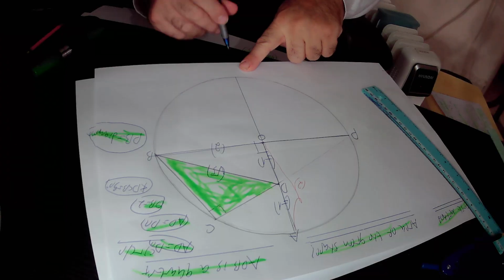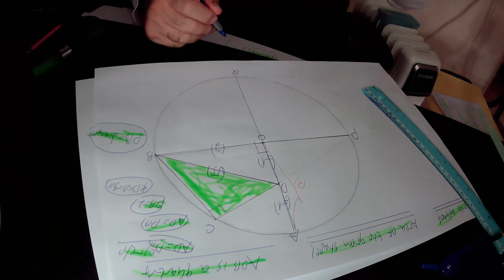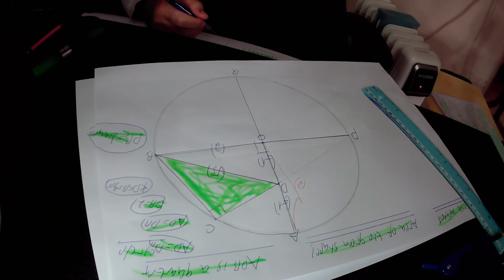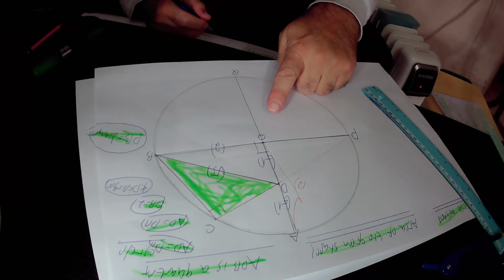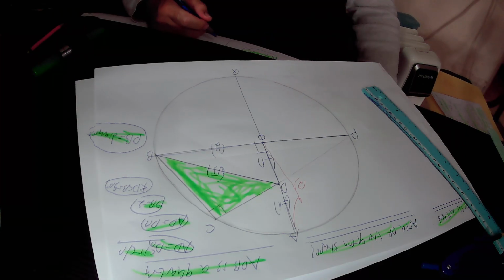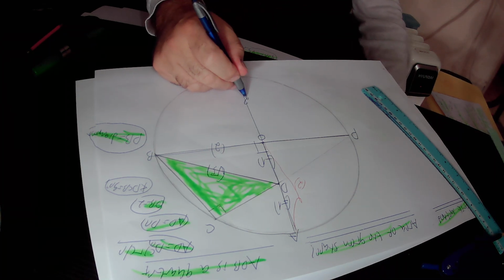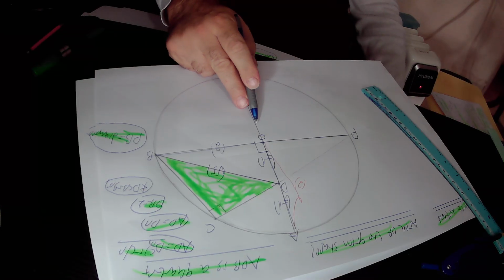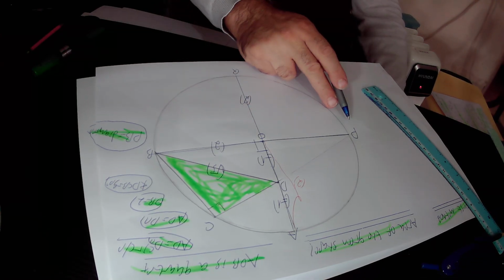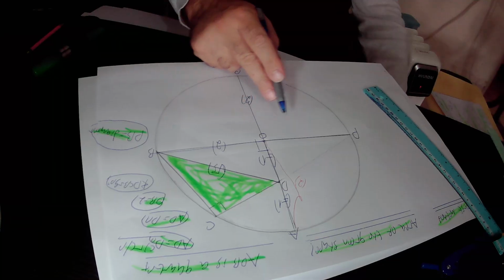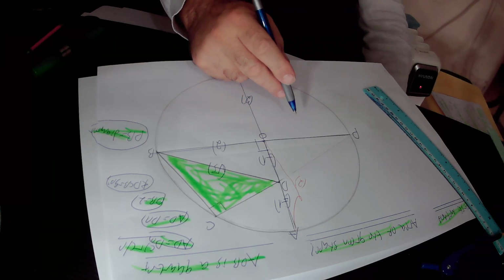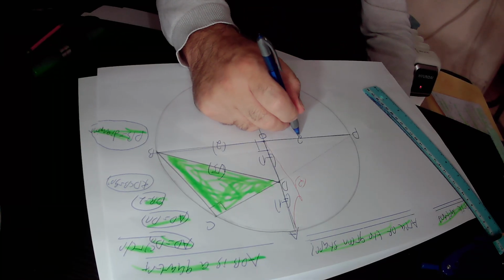This point is point Q. Point O is the center of this circle, point Q is a point on the circle itself, therefore OQ is the radius of this circle, which equals 2. Likewise, point O is the center of this circle, point P is a point on the circle itself, therefore OP is also the radius of this circle. That equals 2 units in length.